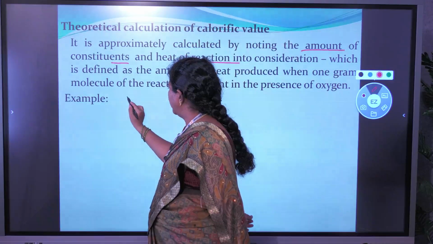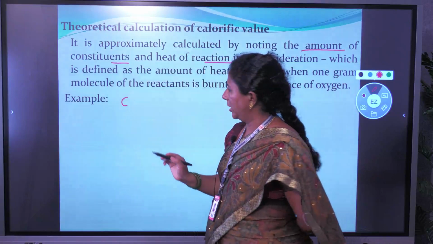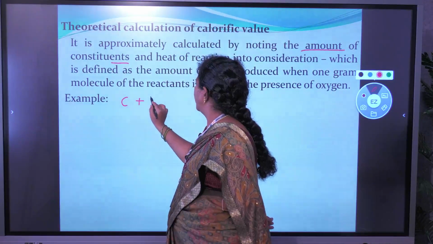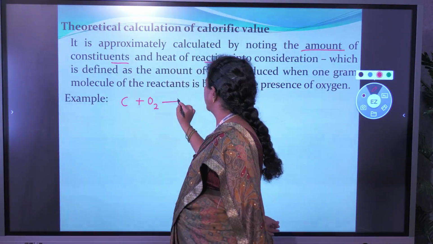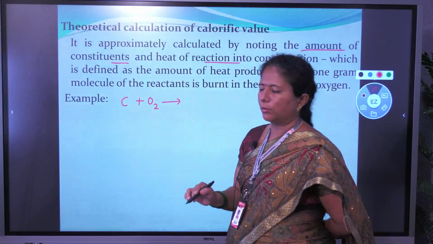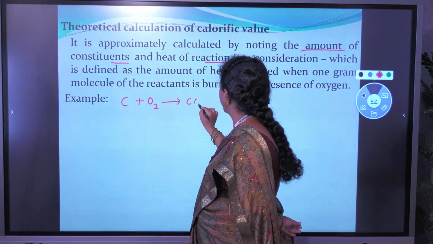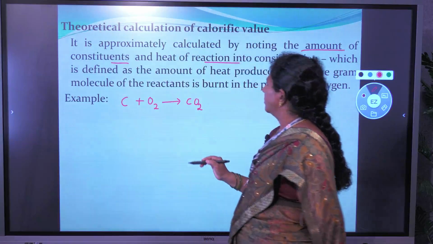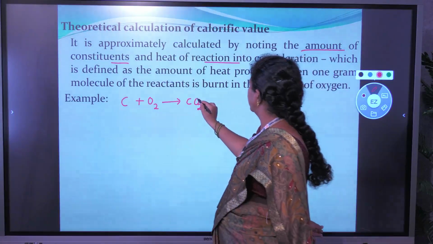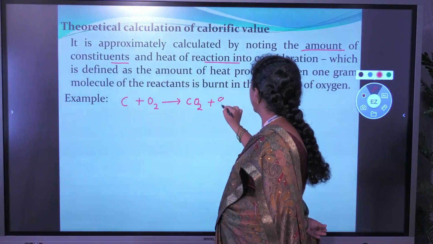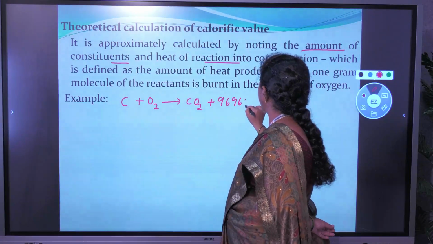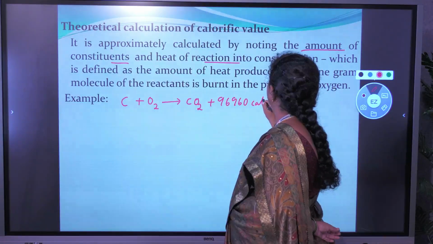If we take carbon present in the fuel, it will undergo combustion by reacting with oxygen and gives rise to CO2. During this process 96,960 calories of heat will be liberated.